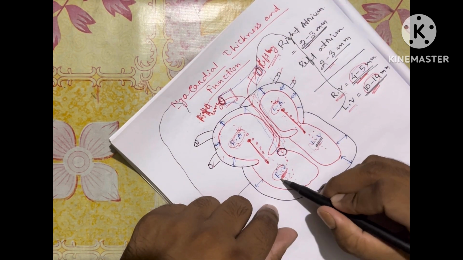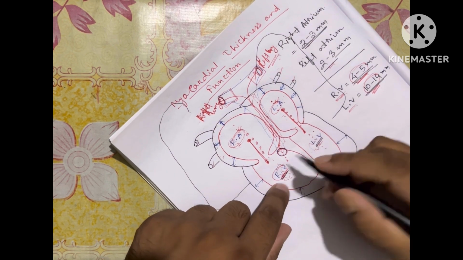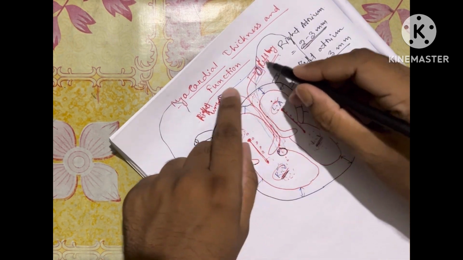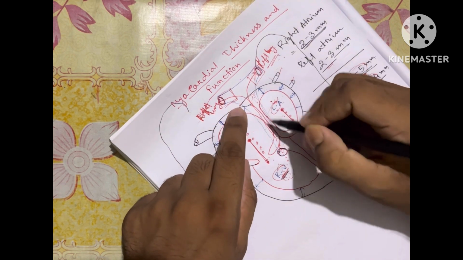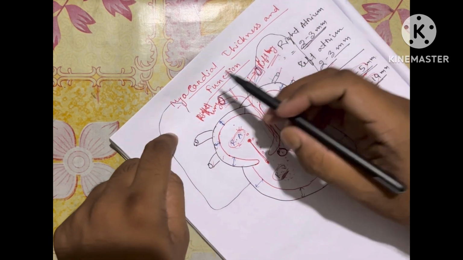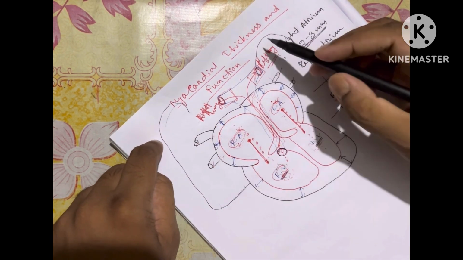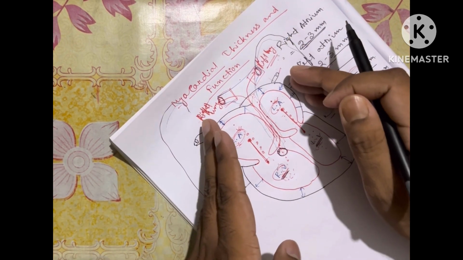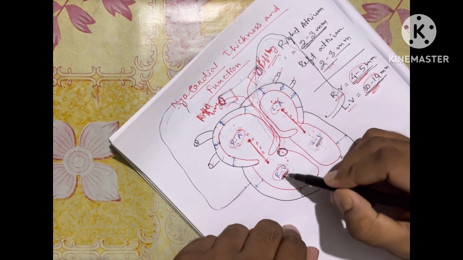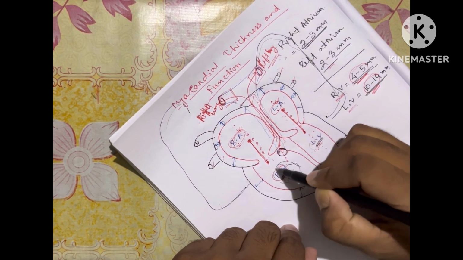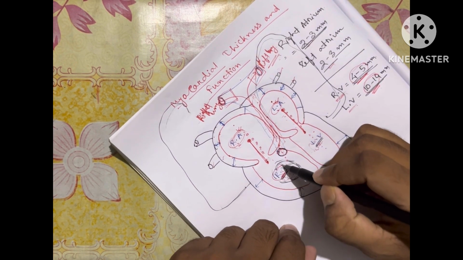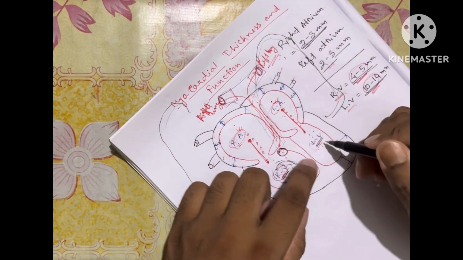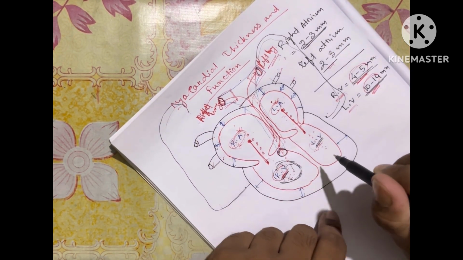So listen carefully. When the right ventricle contracts, it pushes all its content to the lungs through the pulmonary trunk and the pulmonary arteries, and both lungs are present nearby our heart. So the deoxygenated blood present in our right ventricle will travel a very short distance as compared to the oxygenated blood present in our left ventricle.